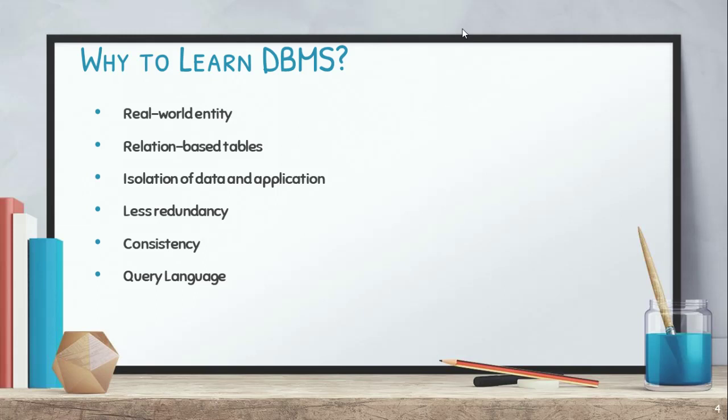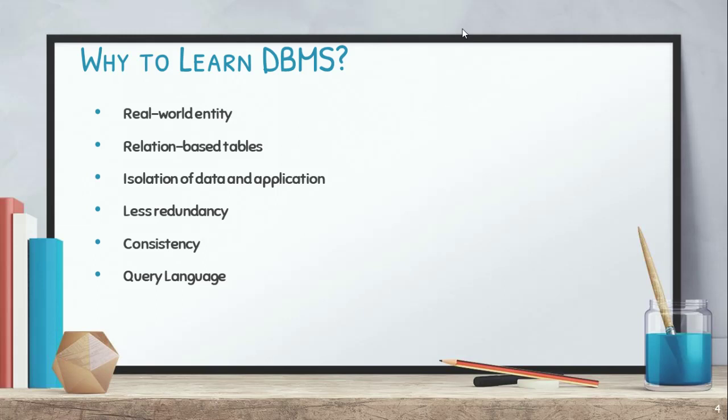Next one, consistency. It is a state where every relation in a database remains consistent. There exist methods and techniques which can detect attempts at leaving the database in an inconsistent state. A DBMS can provide greater consistency as compared to earlier forms of data storing applications like file processing systems.